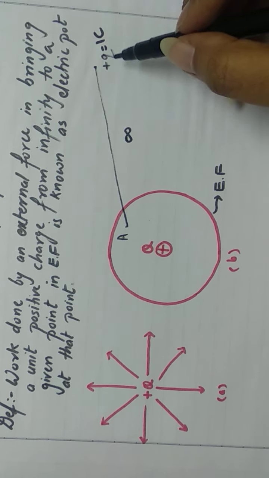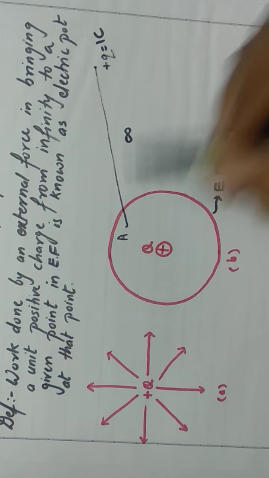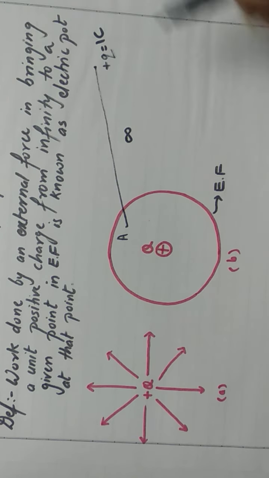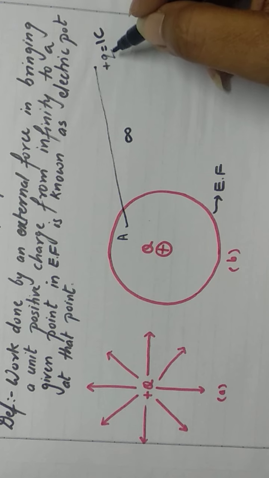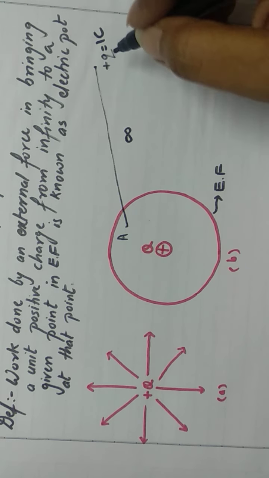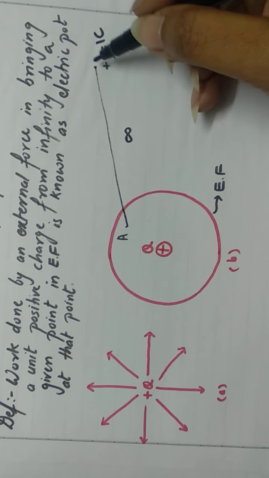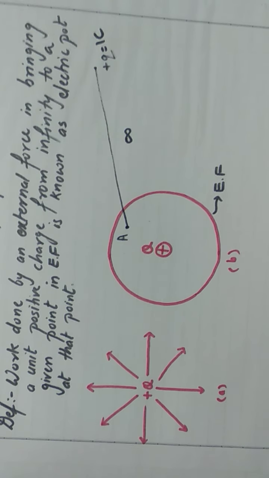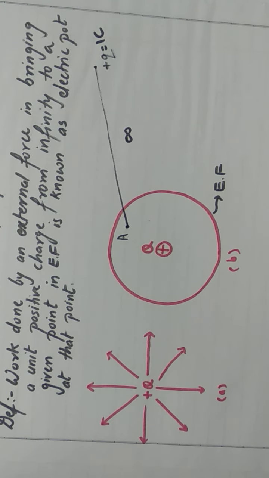So it is not easy to move this charge to this point from infinite distance. So we have to do some work on this positive charge if we want to move it from infinite distance to this point in the electric field. That work done is known as potential at this point A.